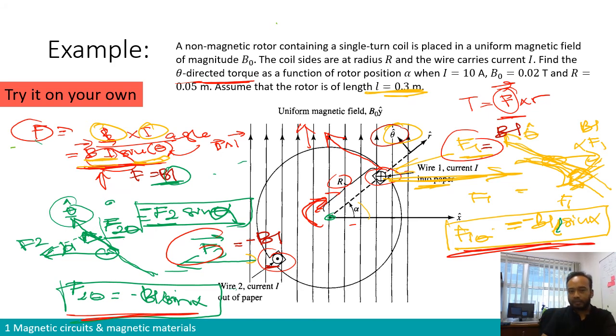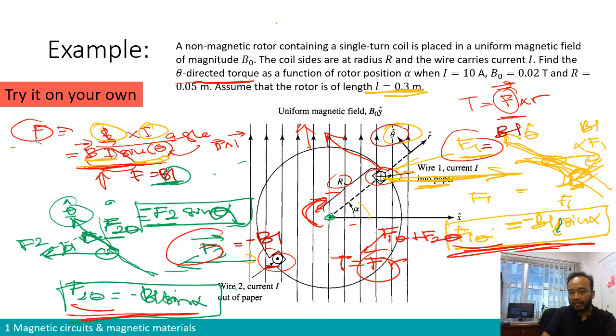So what we're going to do next is calculate, of course, the torque. The torque T equals F multiplied by R, and what is the force? We have two forces, F1 theta and F2 theta. The force should be the sum of those forces, because when we look at our rotor, we have two conductors in it, so both forces are acting on it. So F should equal F1 theta plus F2 theta.